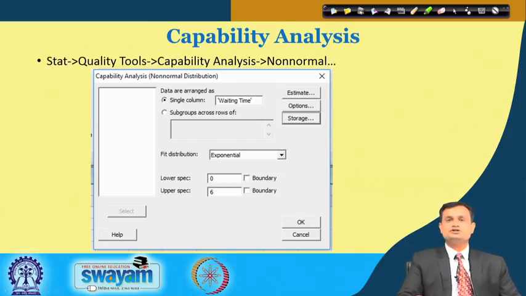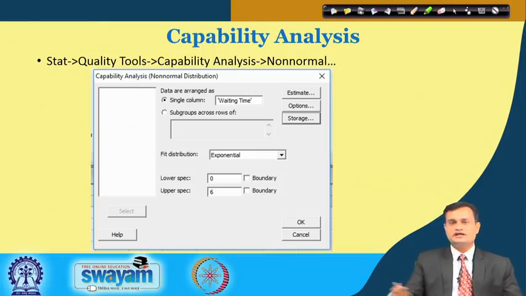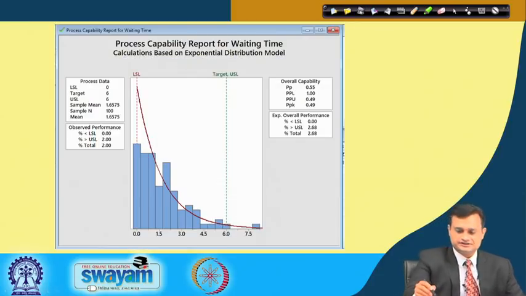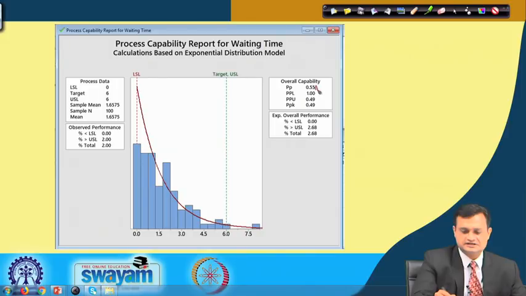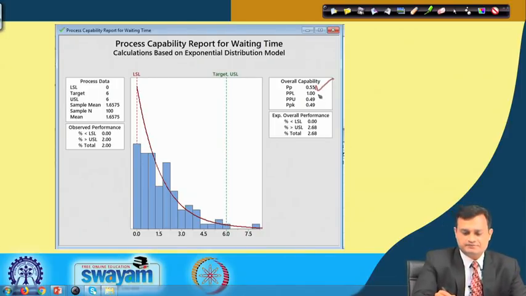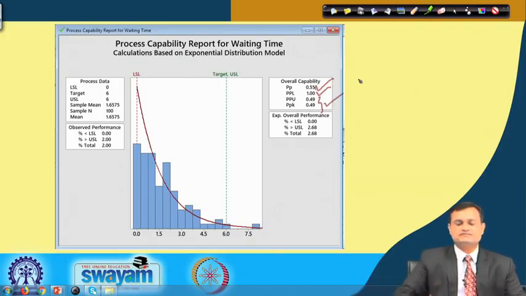So then you consider the exponential, define the variable in column, upper specification, there is lower specification 0, since immediately you can greet and welcome the customer. You will get the analysis which says Pp is lower than 1, not acceptable, PPL is just 1, both PPU and PPK are less than 1.